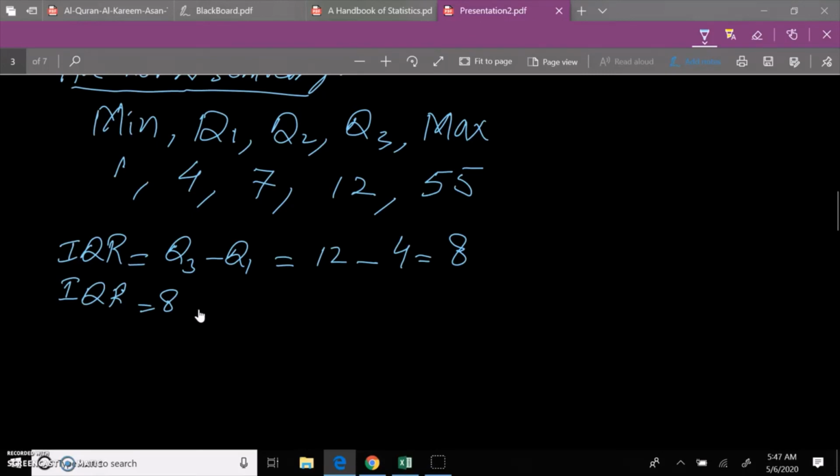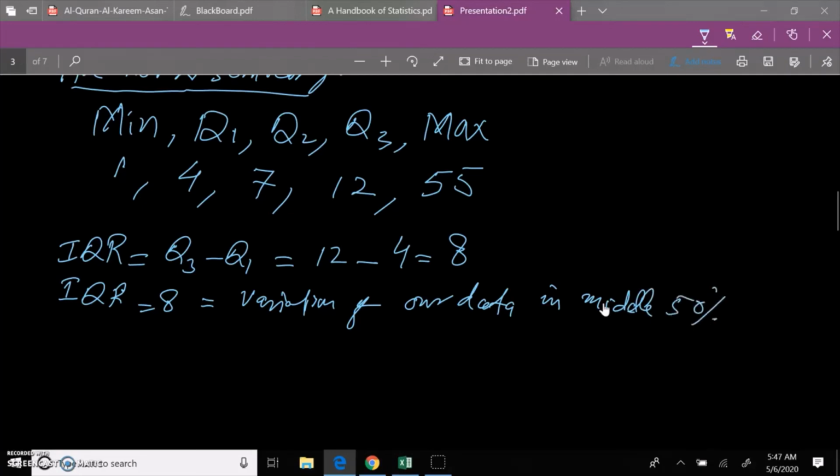So the variation in the middle 50% is 8.